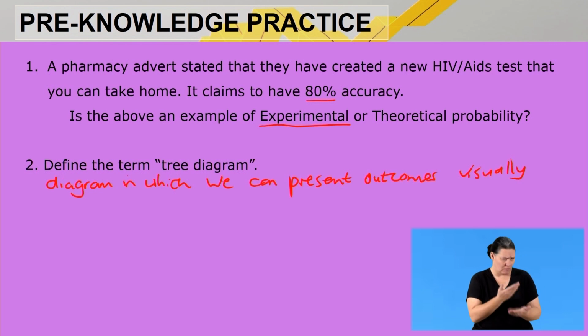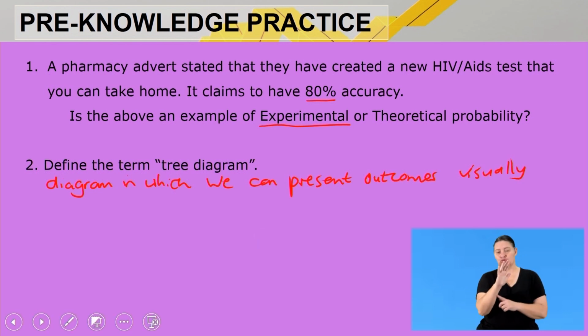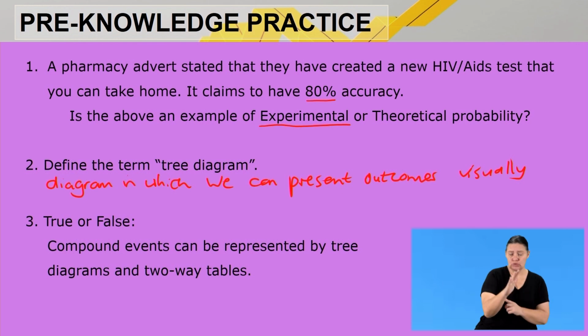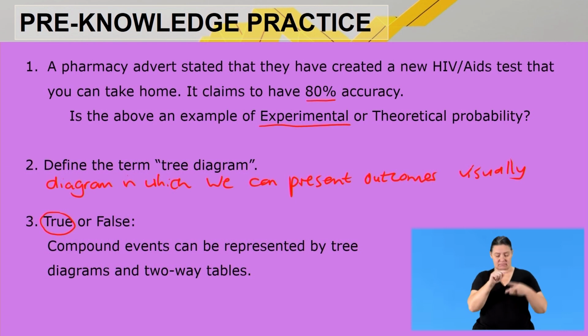Okay, so that is a tree diagram. And then our last question here, true or false? Compound events can be represented by tree diagrams and two-way tables. Yes, indeed, that is true. Okay, so we use two-way tables and tree diagrams to basically represent compound events.